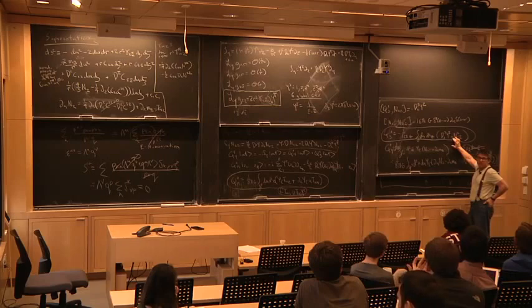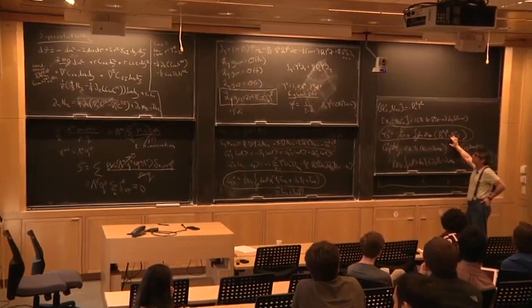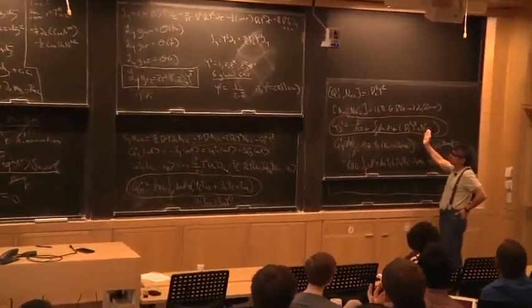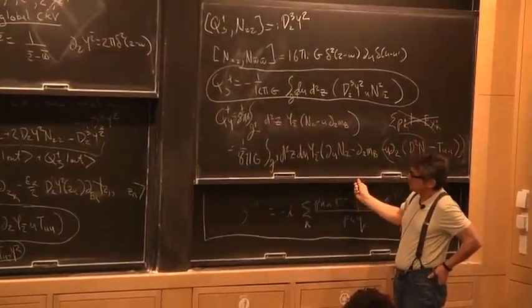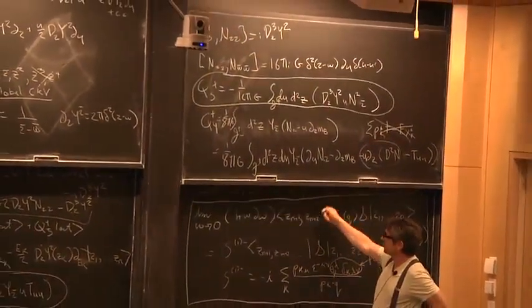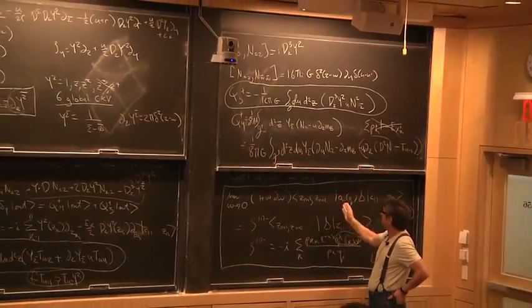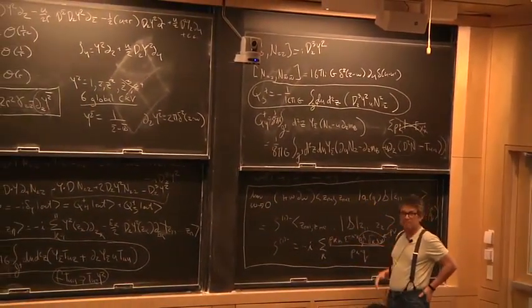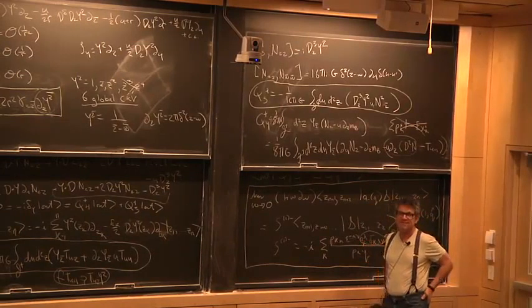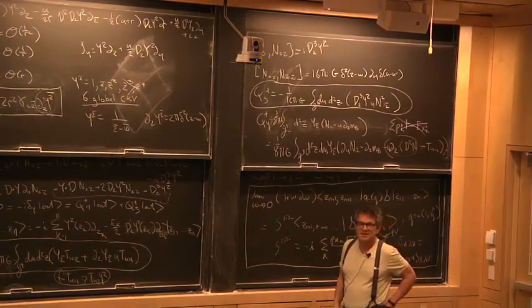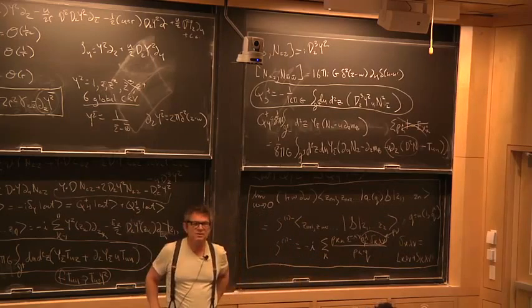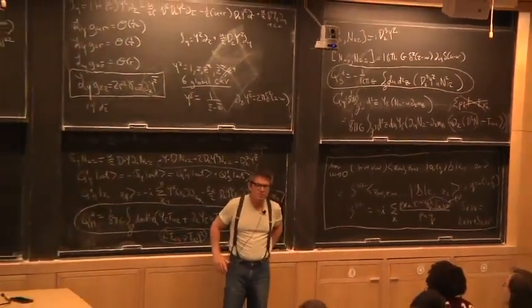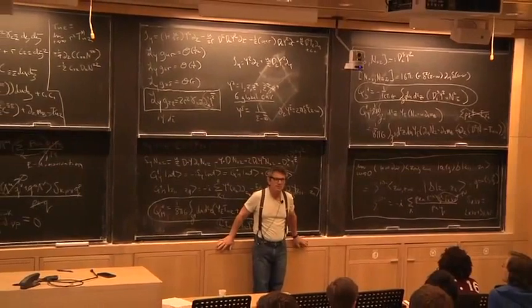With the U in there, it's a different story. You can still write this in terms of graviton creation and annihilation operators, which is what we did, and that's how we got this formula here. But it's a different kind of construction. I think all these questions you're asking are answerable. They just have not yet been answered.